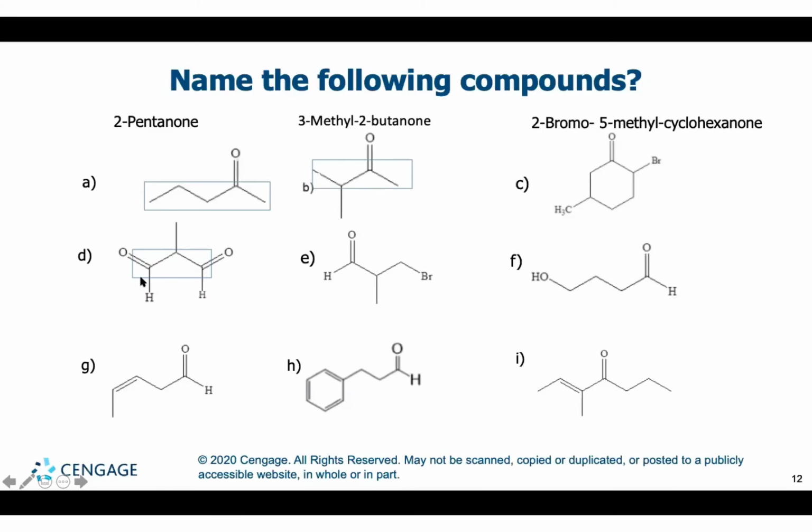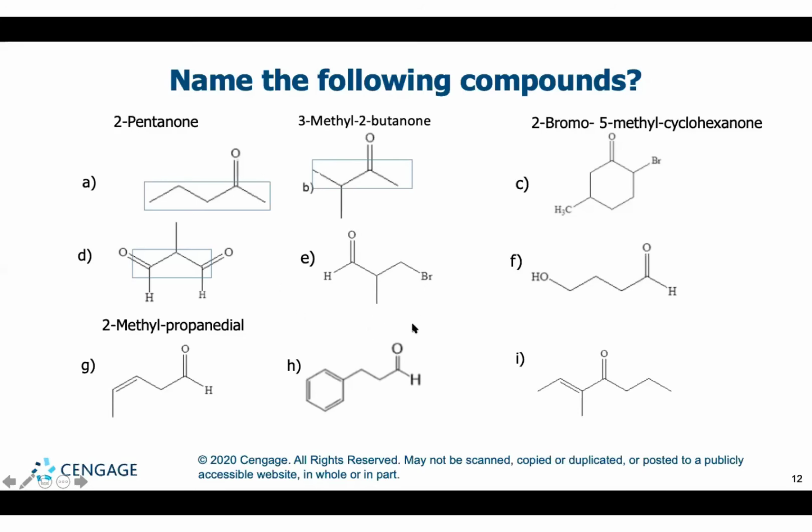Then on carbon 2, I have a methyl group, 2-methyl, propane, because it's 3 carbons. Because of these 2 aldehydes, I should mention it when I name it: propanedial. It doesn't matter, guys, which side we start with, because it's going to be the same numbering. You can try it yourself and you can see that it's the same numbering.